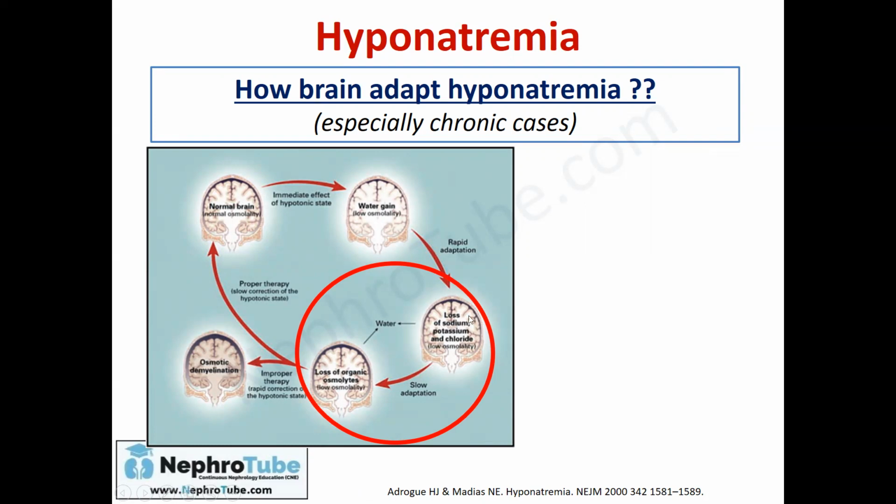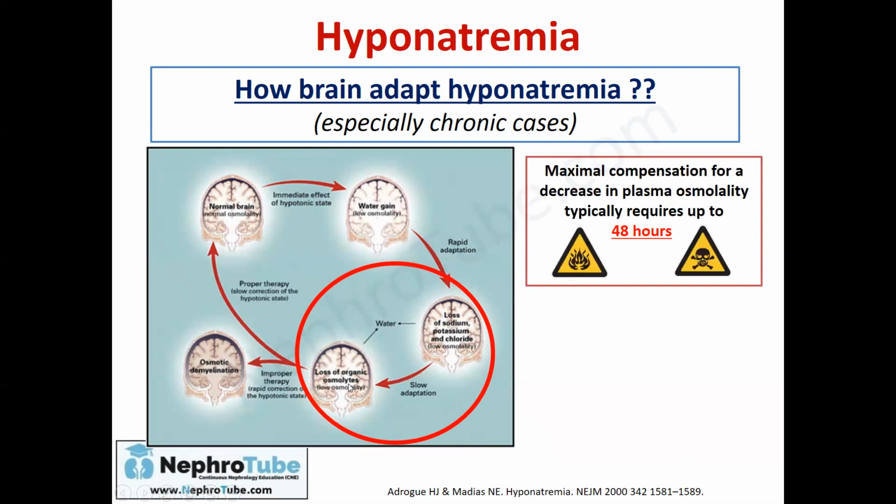First of all, the brain will try to lose sodium, potassium, and chloride, but this is not the most important. The most important is that the brain, by using some carriers and channels, loses organic osmolytes, and loss of organic osmolytes will osmose water with them from the intracellular space of the brain to the extracellular space.